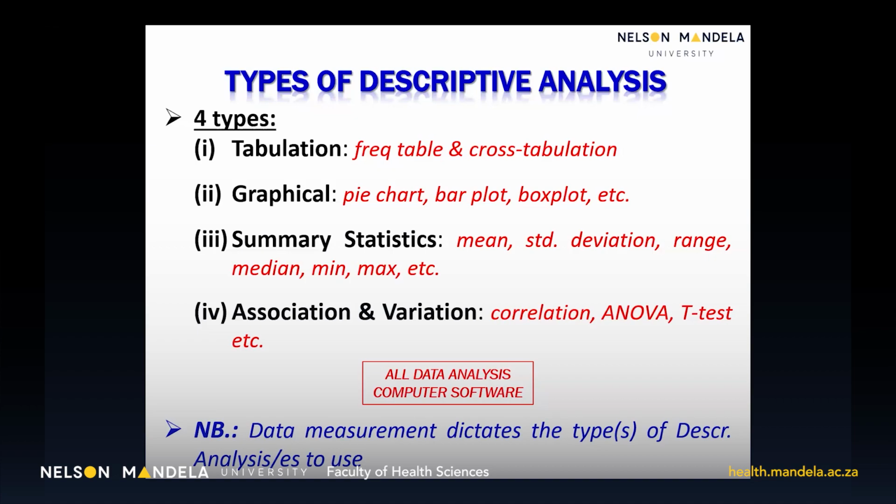If you mention that, we all know what it means, it just means you're summarizing your data in numbers. At the same time, you can also summarize your data in the form of association or variation, which stems from cross tabulation, meaning you can quickly tell us, is there any relationship between the age of the patient and their, let's say, current morbidity or illnesses or comorbidity, before you even do the statistical analysis. So it's up to you to choose which one you want.